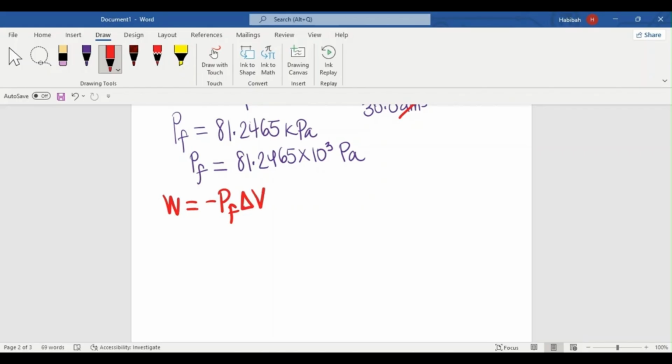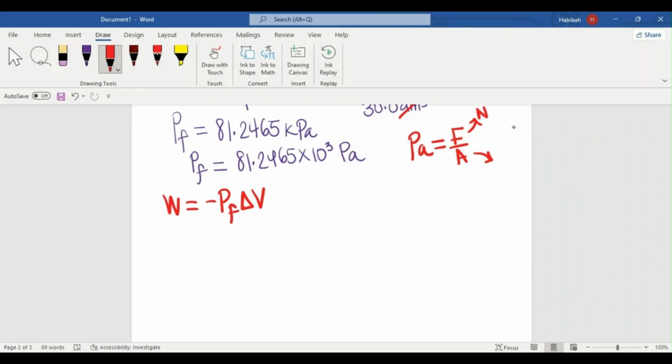But one thing you have to note is this. Pascal is the unit for pressure. What is pressure? Pressure is simply force over area. That's the fundamental definition of pressure. The unit for force is Newton. Make sure you remember your physics from college and high school.